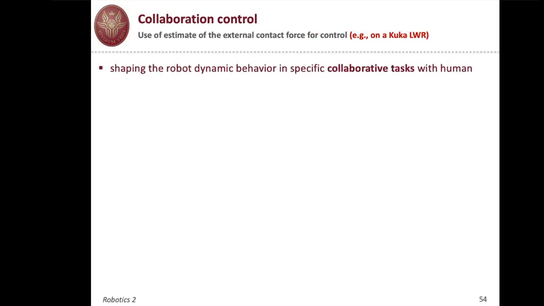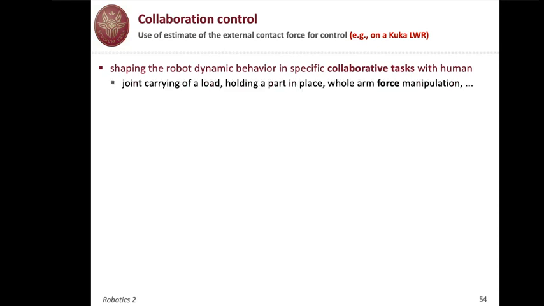Now, what do you want to do for collaboration? So how do you want to use the estimate of the external contact force for doing some robot control? In particular, you want to shape the dynamic behavior of the robot depending on which type of collaborative task you're doing with the human.